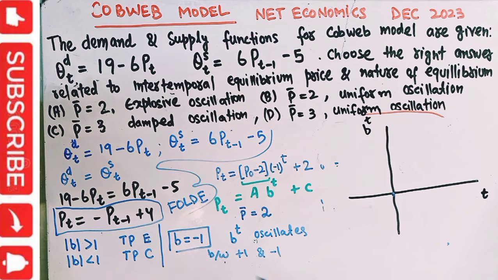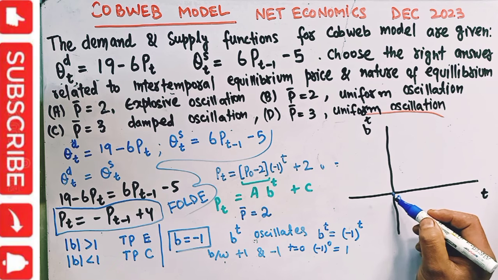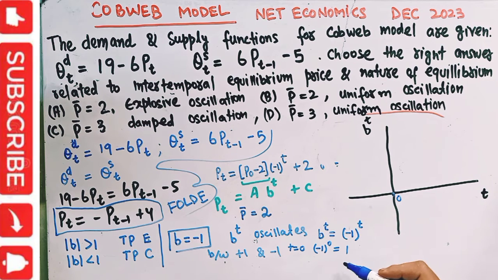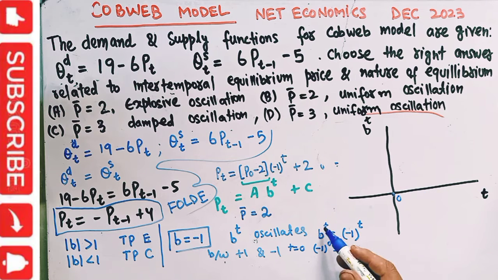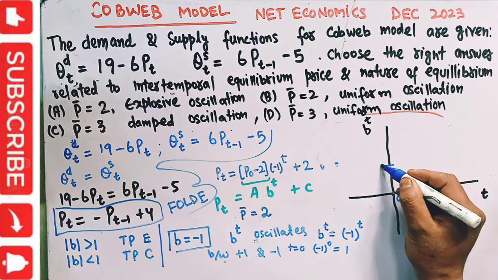Since b^t is equal to -1 raised power t, when t is equal to 0, what will we get? -1 raised power 0: anything raised power 0 is 1. So when t is equal to 0, b^t comes out to be 1. Let us say this is 1.